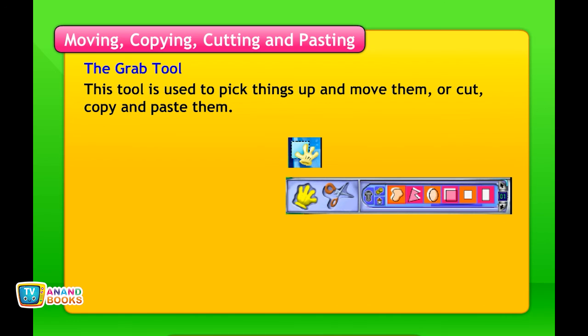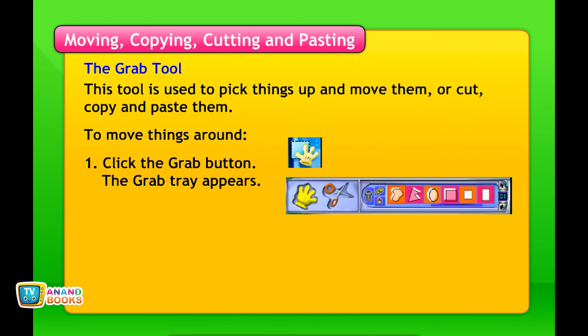This tool is used to pick things up and move them, or cut, copy and paste them. To move things around, 1. Click the grab button. The grab tray appears. 2. Click the grab tool, the hand icon.